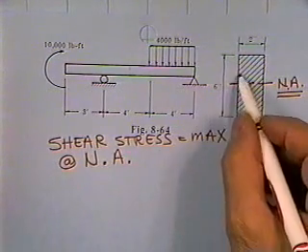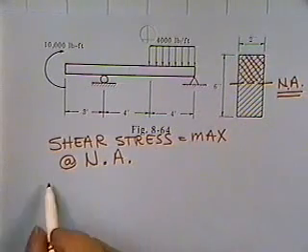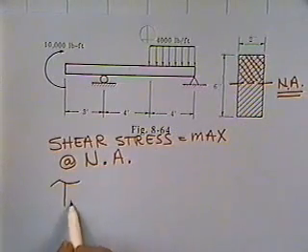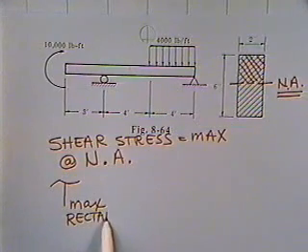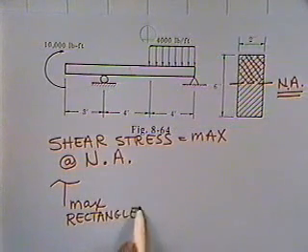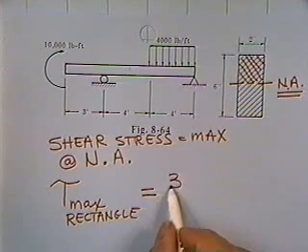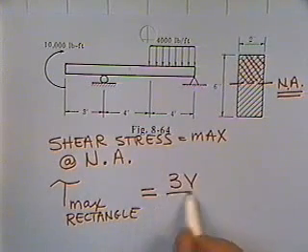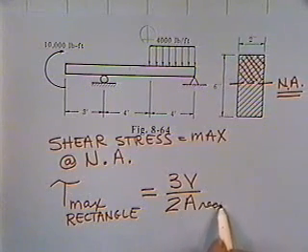Now if you go ahead and solve for Q for that, you'll find the equation for the maximum shear stress in a rectangle all boils down to 3V over 2 times the area of the beam.